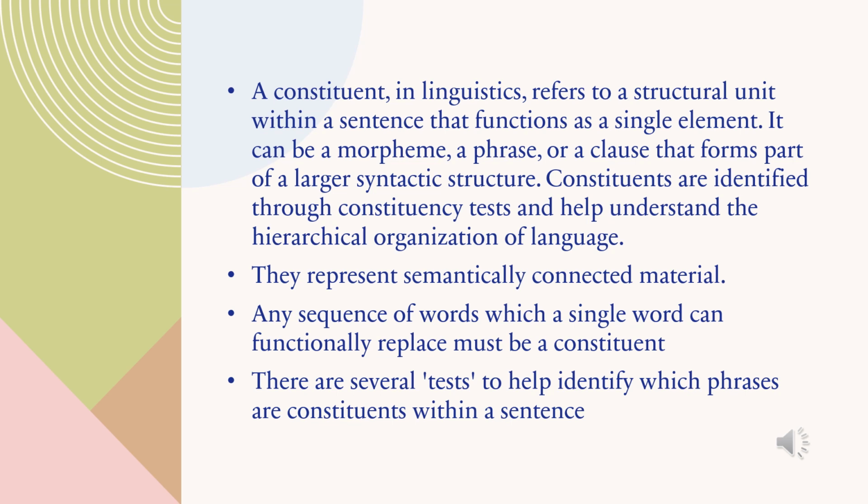Constituents are identified through constituency tests and help us understand the hierarchical organization of language. They represent semantically connected material, and also any sequence of words which a single word can functionally replace must be a constituent. There are similar tests to help identify which phrases are constituents within a sentence, and we will get to know more about them.